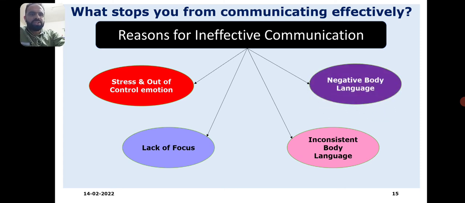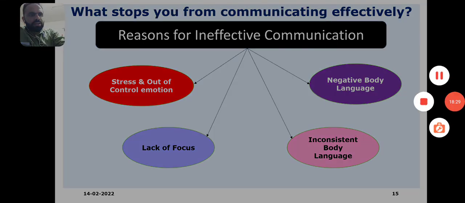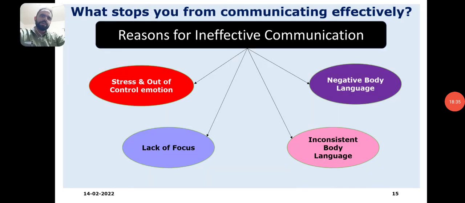The first one is stress and out of control emotion. Most of us are tensed about something else which is not at all related to this communication. Maybe something happened in our family at home, or with our financial condition, or money related issues.